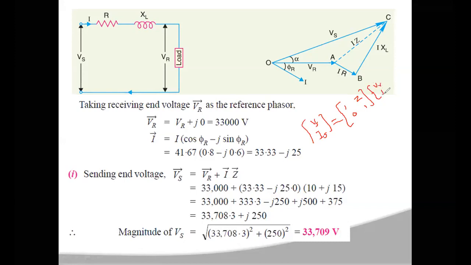In the previous case, I had written this wrong, so this is actually correct. So VS value is VR plus IR into Z.